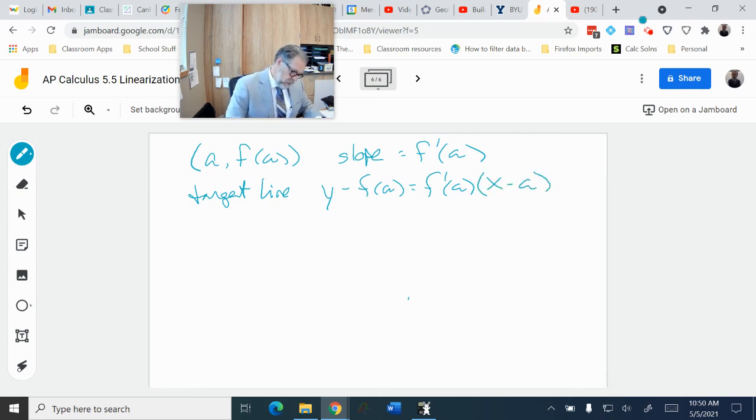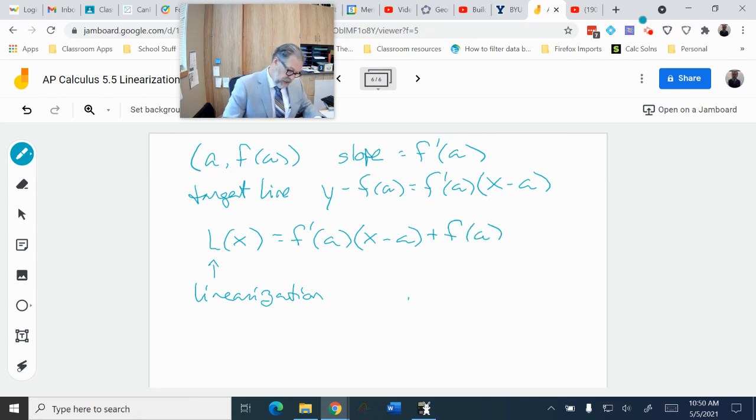We are going to define a new equation, L of x, which is a linearization, and that's equal to f prime of a times x minus a plus f of a. So this is a linearization at or around x equals a.